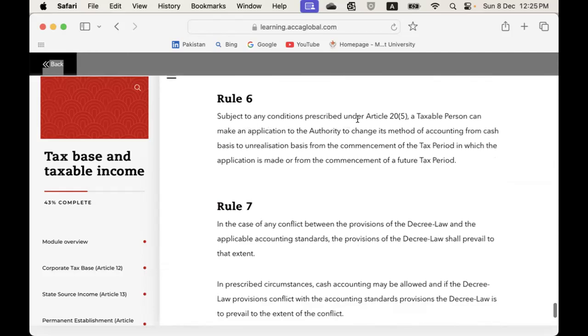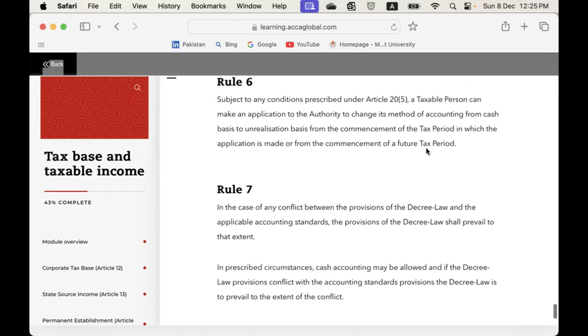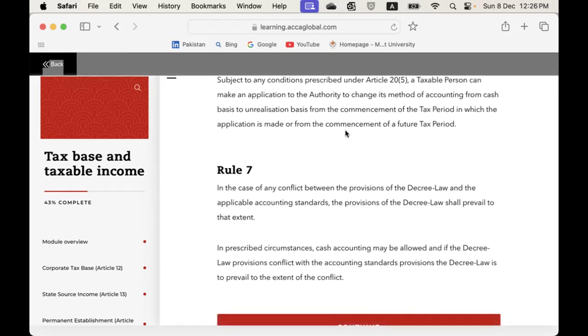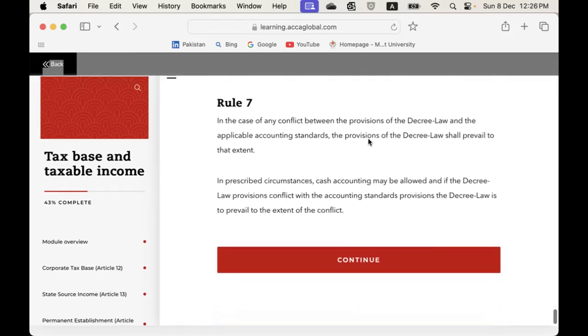Subject to any conditions specified in Article 20, a taxable person can make an application to the authority to change its method of accounting from cash basis to unrealized basis, from the commencement of the tax period in which the application is made or from the commencement of a future tax period. So you can change your accounting method from cash to unrealized.